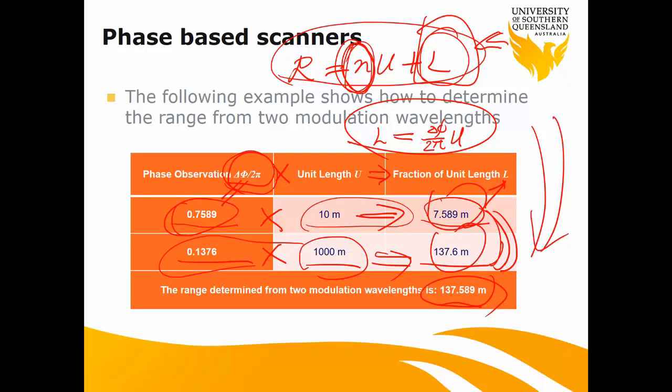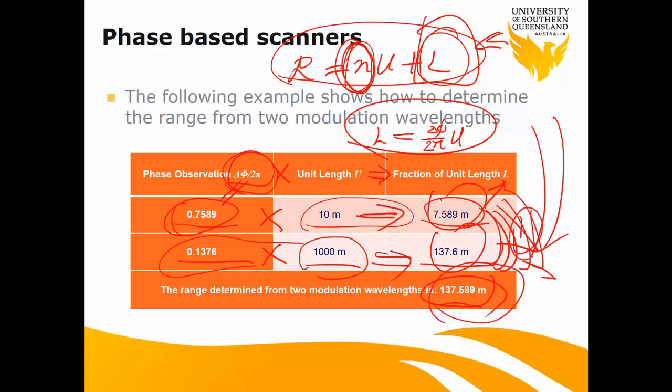I can tell you, two or three decades ago, we actually used EDM to measure distances of 10 kilometers and 20 kilometers. This kind of EDM used more than two modulation waves, four or even five, because for a longer range, if you use just two modulation waves, you cannot get the final solution.